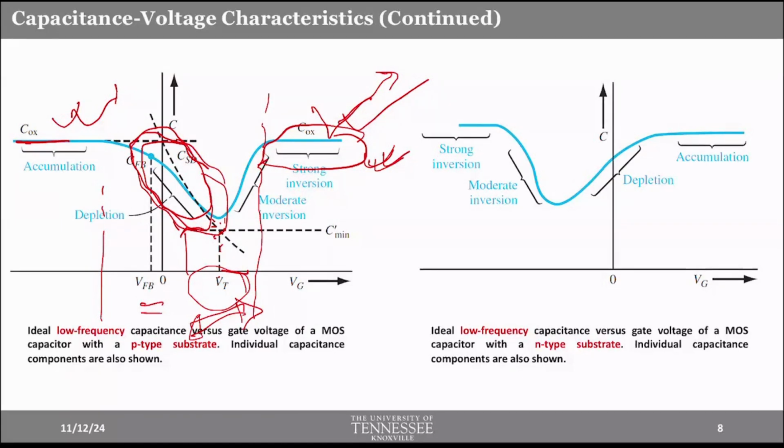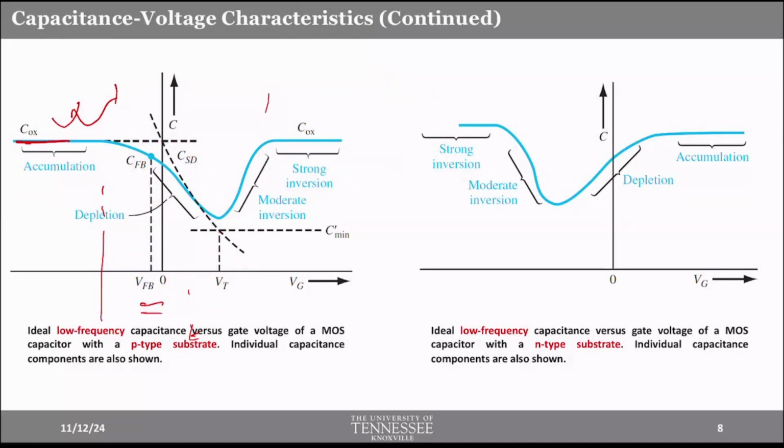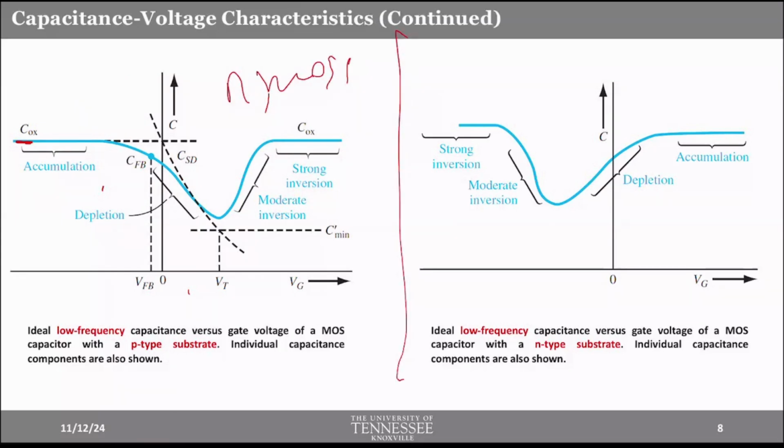So here in the figure, you can see two different characteristics. One is for NMOS and one is for PMOS. As you can see, if you know the capacitance of NMOS, you can just mirror it for the PMOS. Because think about it, for the PMOS, what do we need for the inversion? Negative voltage, right?